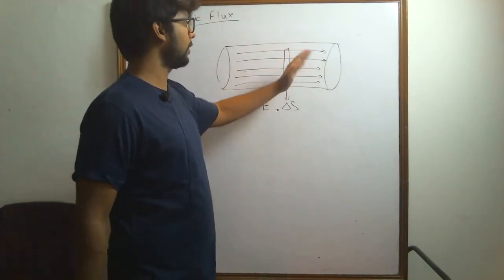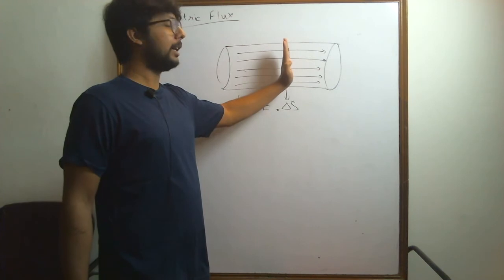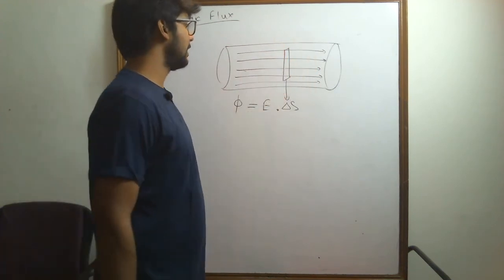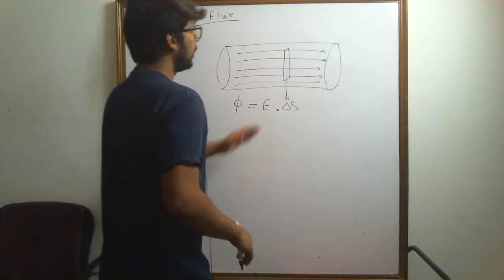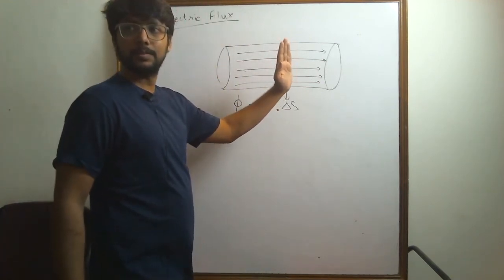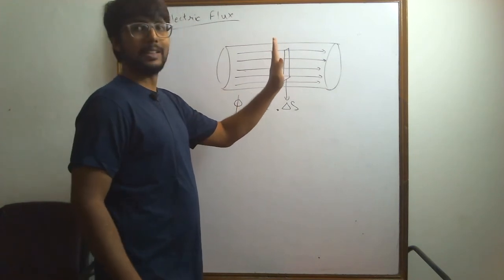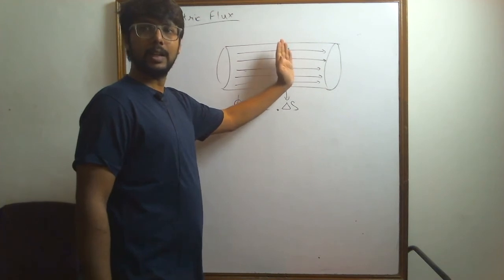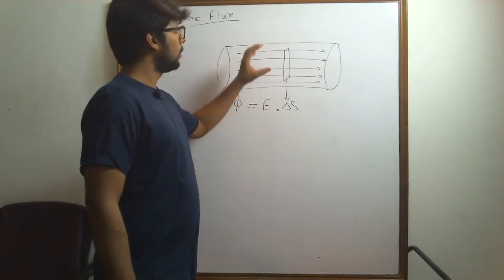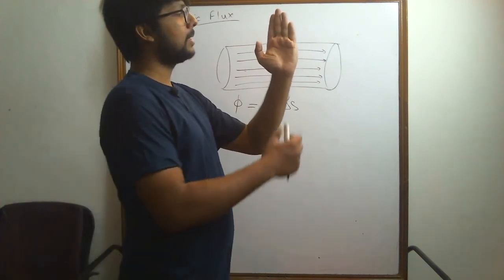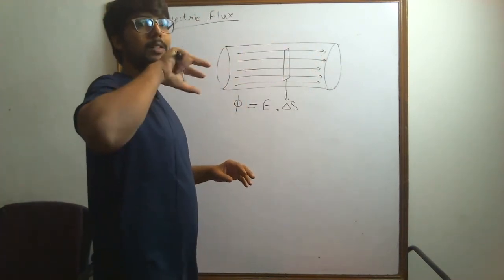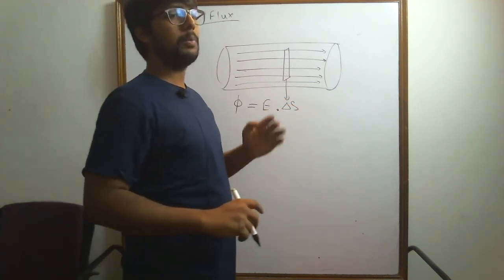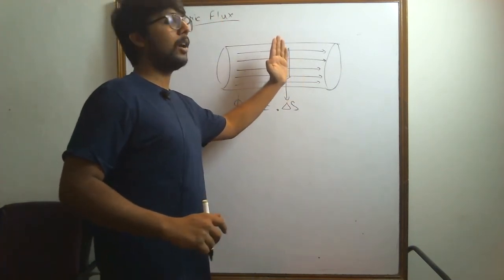That means the direction of electric field and the piece of area are at 90 degrees with each other. But what if the area turned like this? So earlier it was like this, completely in alignment, and then it turned like this. What would happen? What would happen is the amount of flux, or amount of electric field lines, or amount of liquid that will be passing through my hand now will reduce.